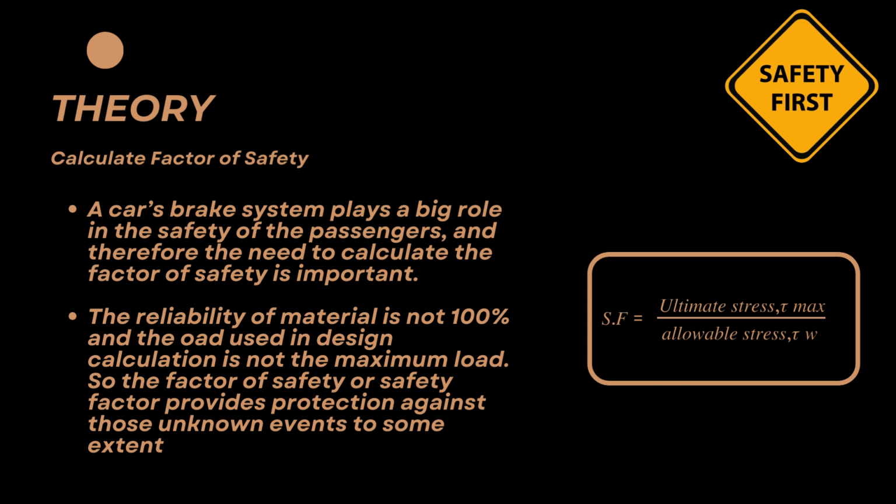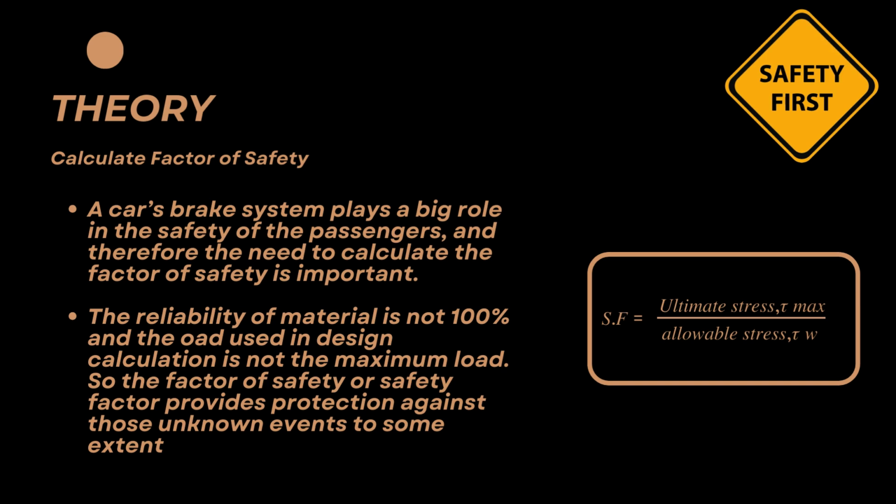The first point, a car's brake system plays a big role in the safety of the passengers, and therefore the need to calculate the factor of safety is important. The second one, the reliability of material is not 100%, and the load used in design calculation is not the maximum load.